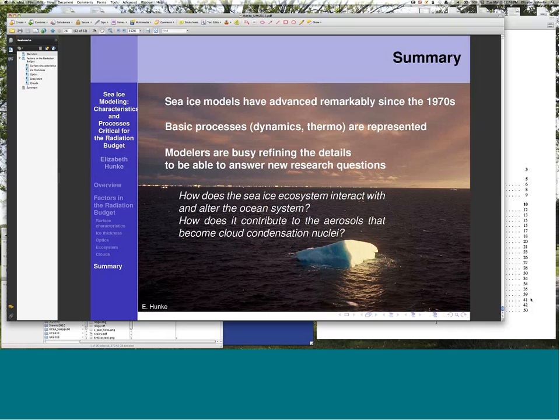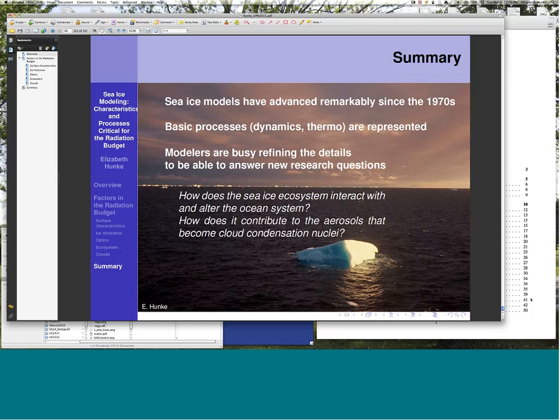Stephen Ackley asks, any plans to incorporate waves into ice formation and tides into ice deformation? Okay. There is some work being done on that by other groups, but they're doing it within my model, the sea ice model.